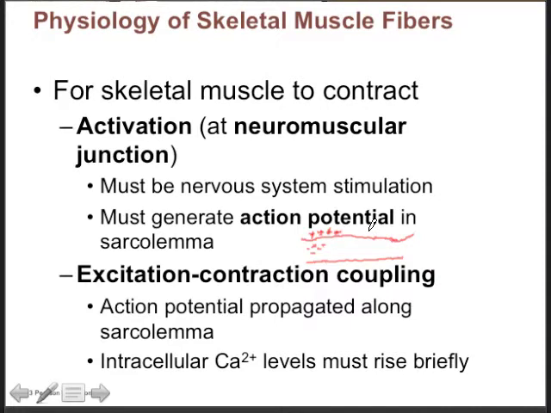The membrane is much leakier to potassium than it is to sodium, and the result is that sodium tends to be isolated outside the cell, and potassium tends to be isolated inside the cell, but there's also less positive charge in the cell than outside. Okay, so that's the polarized state. We'll call that the polarized state. Polarized.